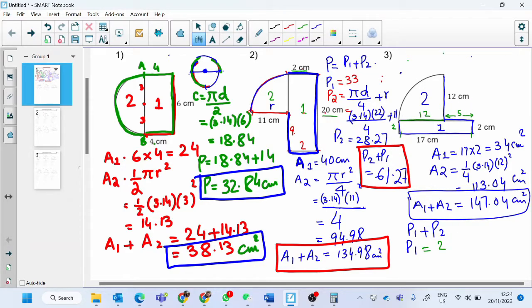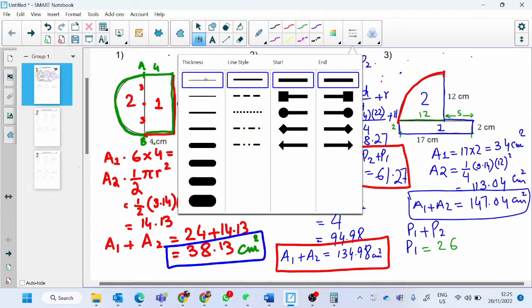5 is 26. Now we have to find the perimeter of the second shape, and for the second shape, first we have to find the arc length. This is the arc length plus this side, which is 12.